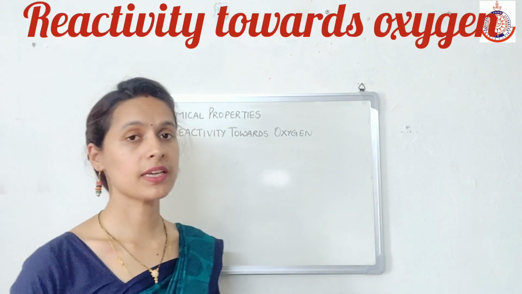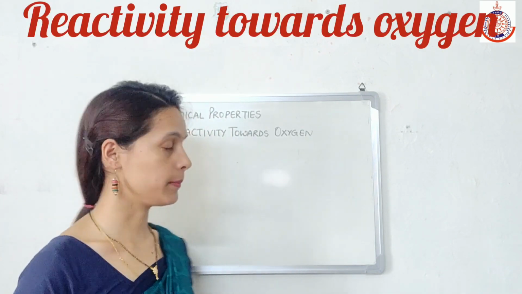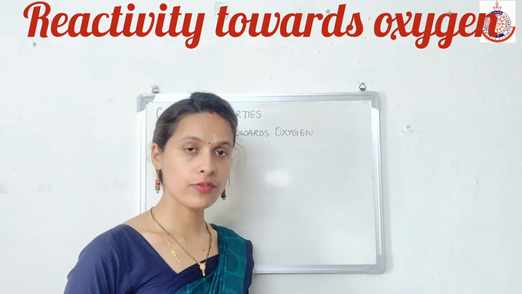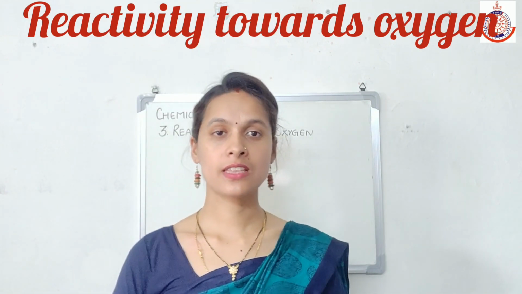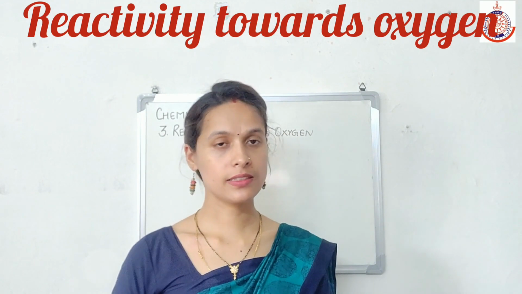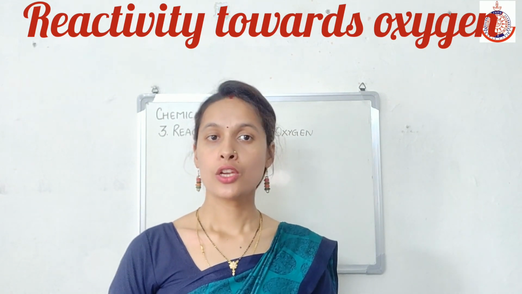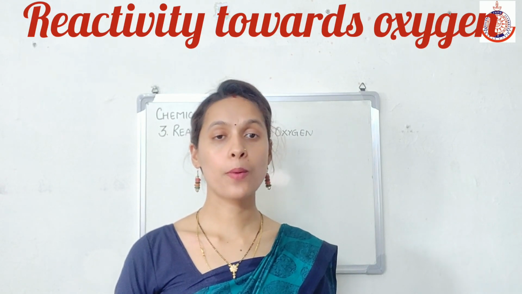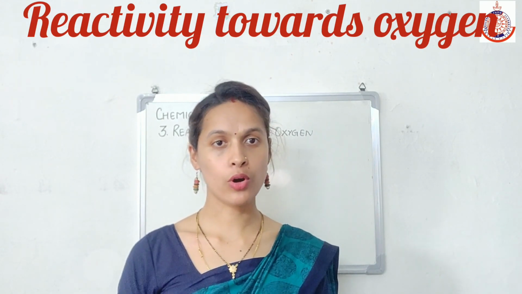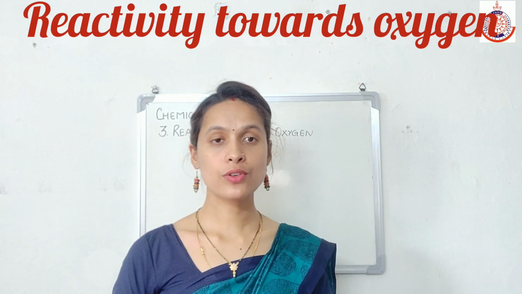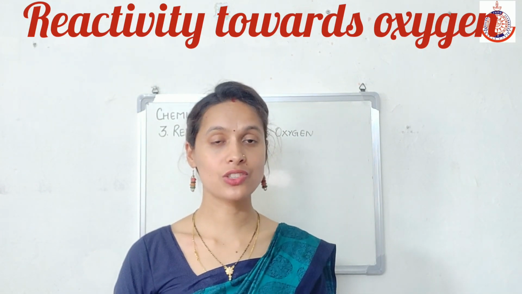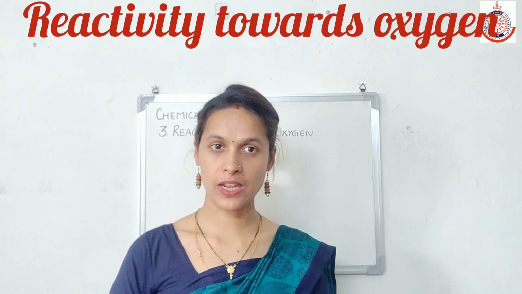Let's study the third chemical property of the 15th group elements, and that is reactivity towards oxygen. The first member of this family, nitrogen, we all know is an electronegative element. Due to its electronegative property and a strong affinity to form p-pi bond with oxygen, nitrogen forms a number of oxides of oxidation state ranging from +1 to +5.